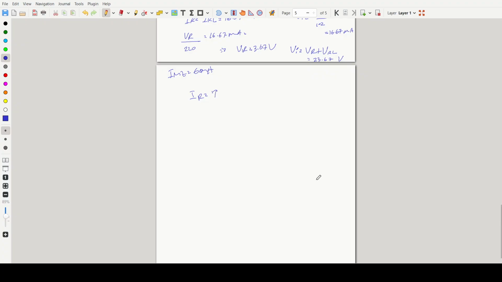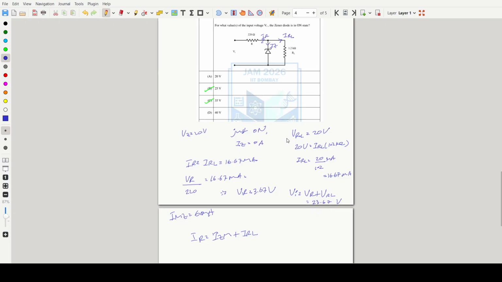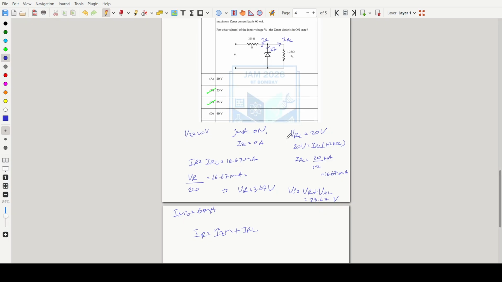So IR equals IZM plus IRL. And once your Zener diode is on, the voltage across the load resistor will always be fixed. It will be equal to your Zener voltage. So the potential at this node is always 20 volts.